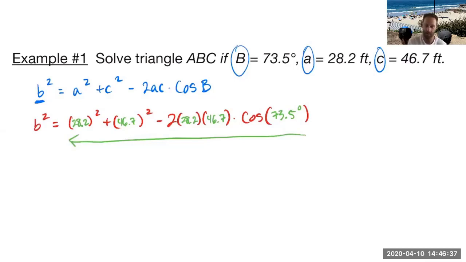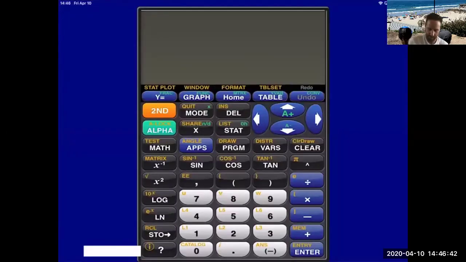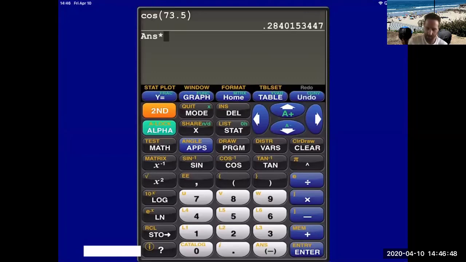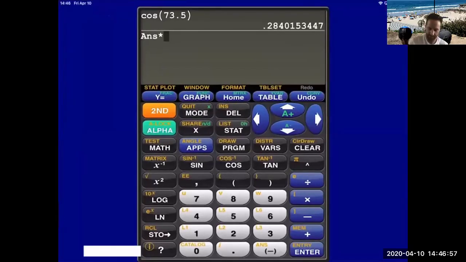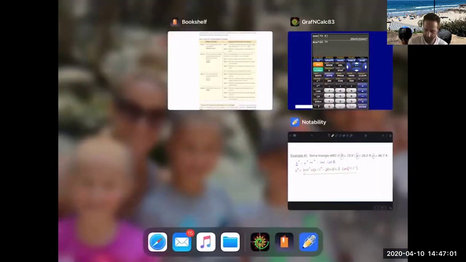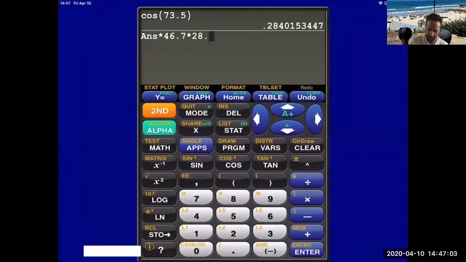So the way that I'm going to plug this into my calculator, let me pull that up real quick for you, is I'm going to do the cosine of the 73.5. I'm going to find what that is, and then I'm going to multiply it times the 46.7, the 28.2, and the negative 2. Make sure you put negative 2, not minus 2.